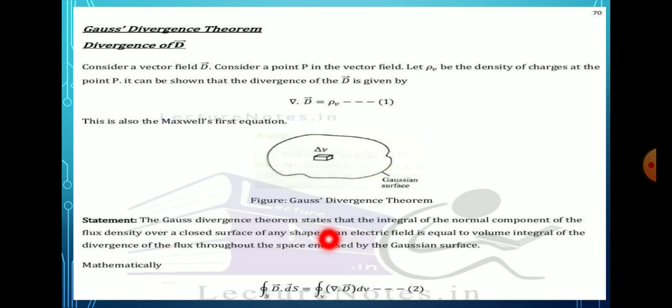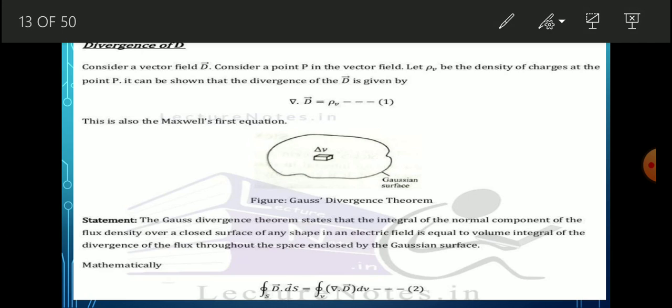That is, closed integral over the volume V of the divergence del dot D bar, that is the divergence of flux enclosed by the Gaussian surface. This statement, or this, we have to prove mathematically.